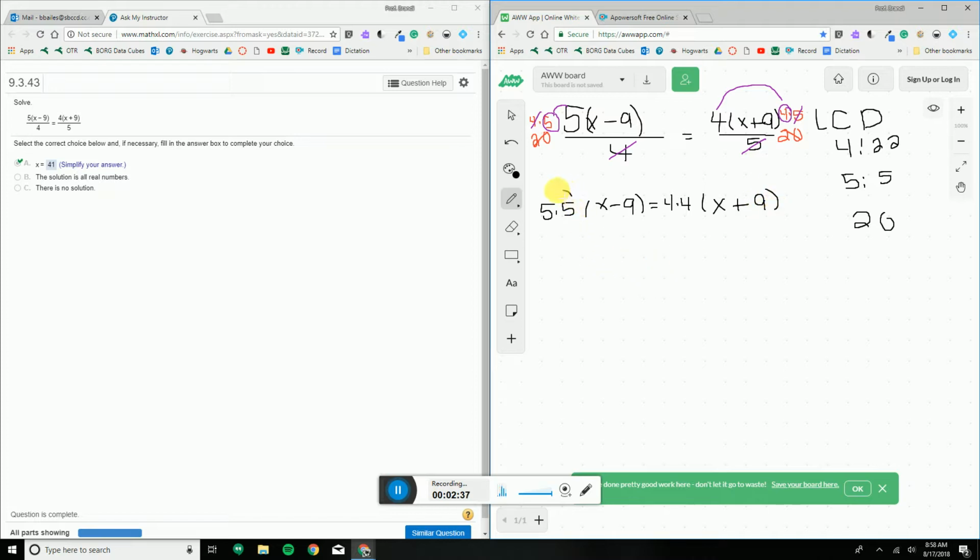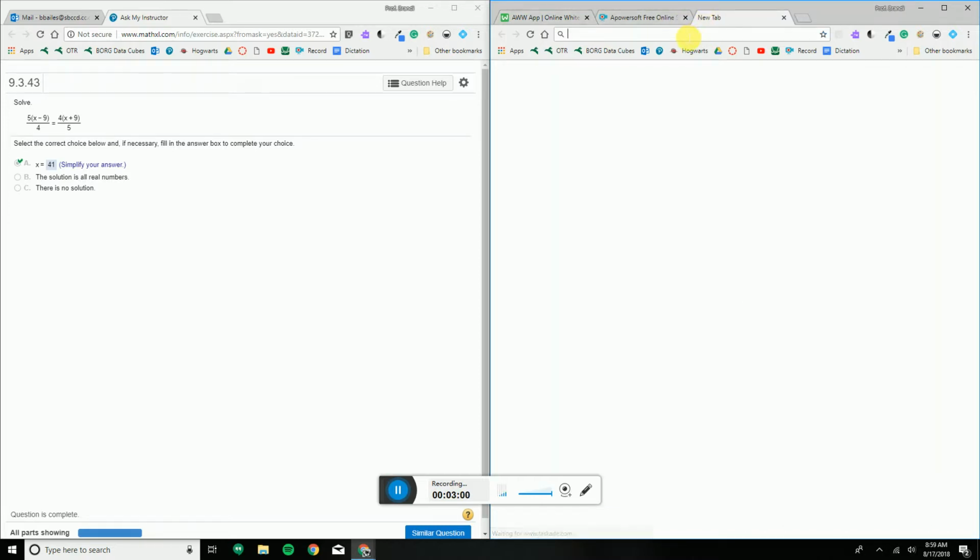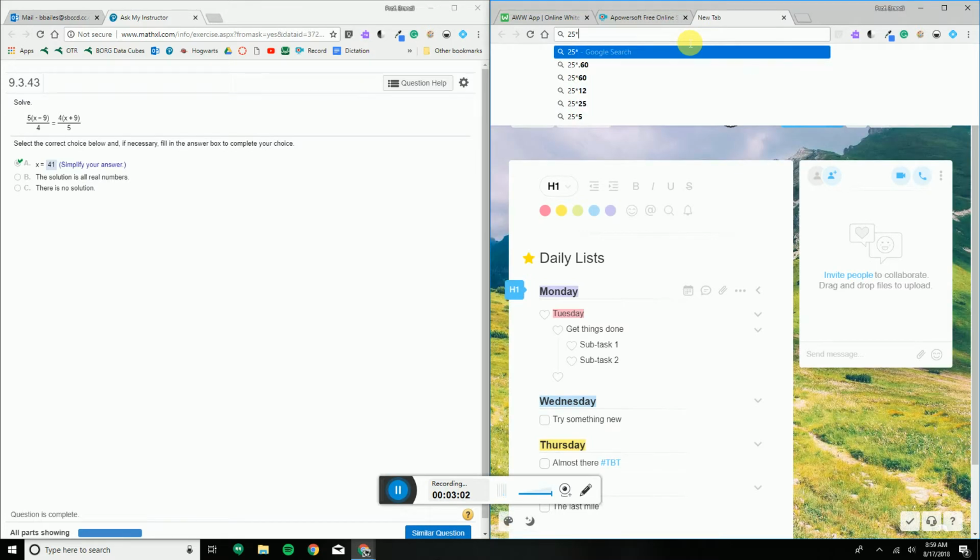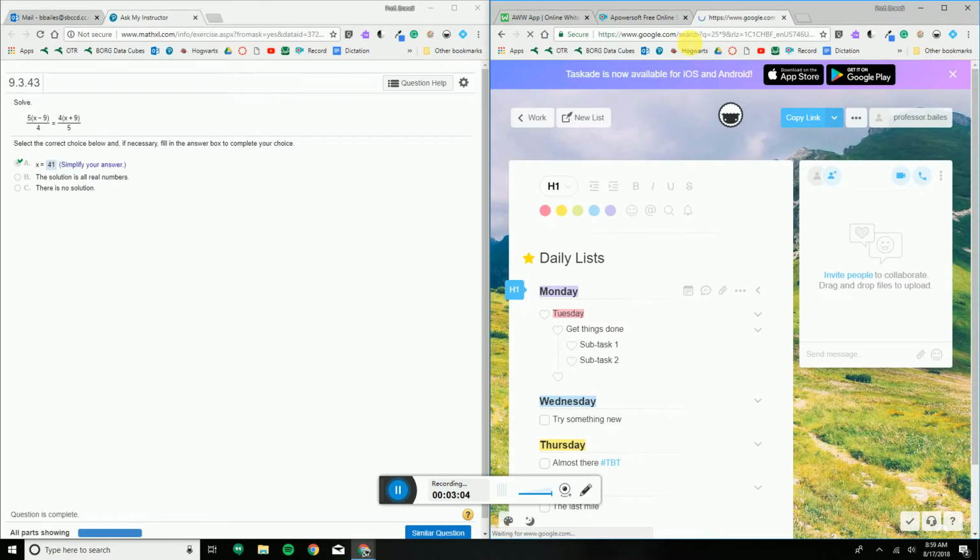All right, so I'm going to multiply these, and I'm going to distribute them in so that I can simplify. Multiply and distribute. So 5 times 5 is really 25. And if I distribute, 25 times x, and I'll have to do 25 times 9. And fun fact, Google is a calculator, so I can do 25 times 9.